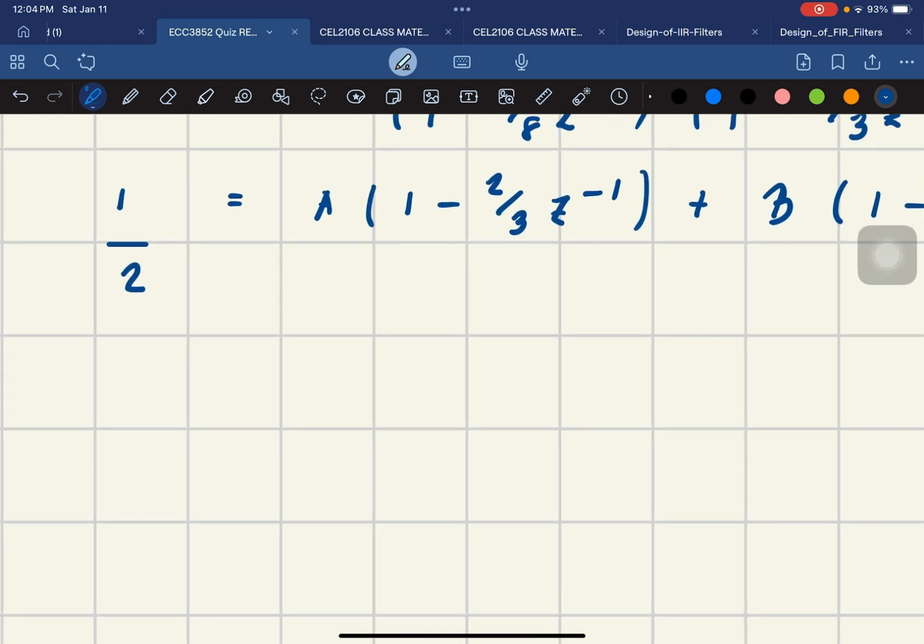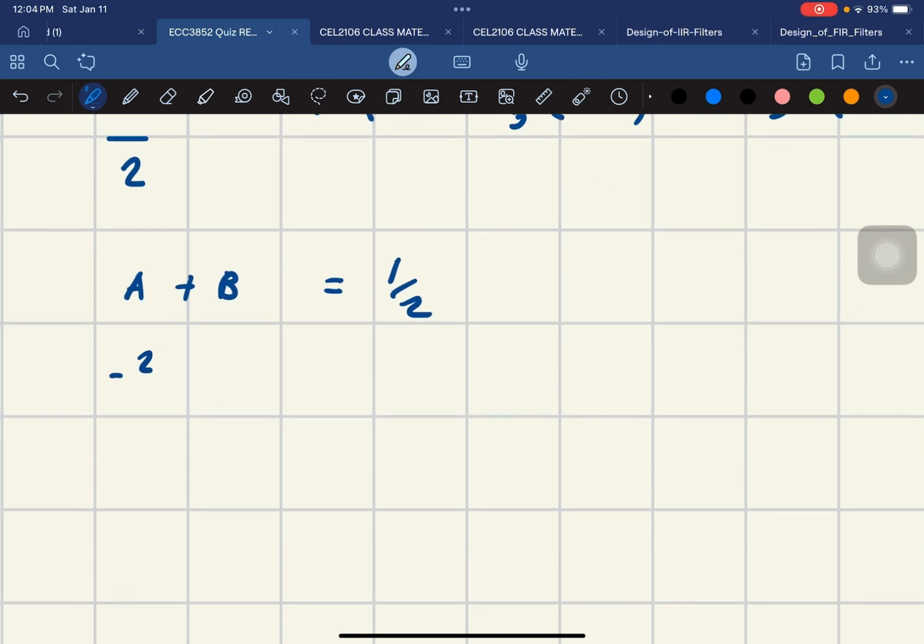As we know, A plus B will be 1/2, and negative 2/3 A minus 1/8 B is 0.